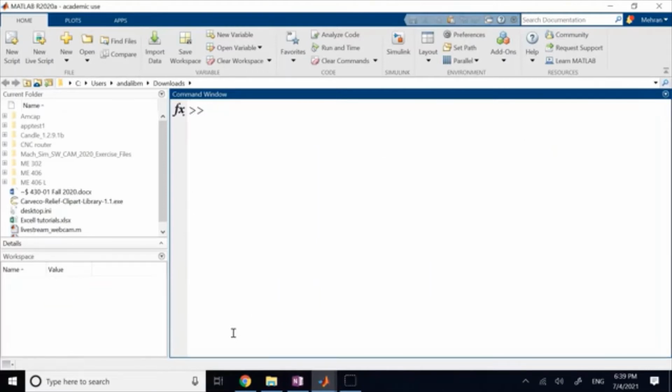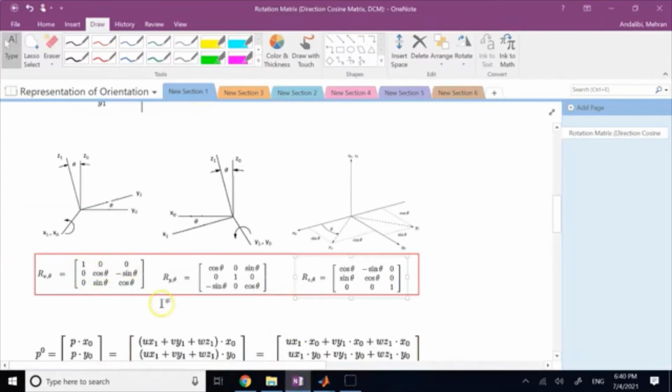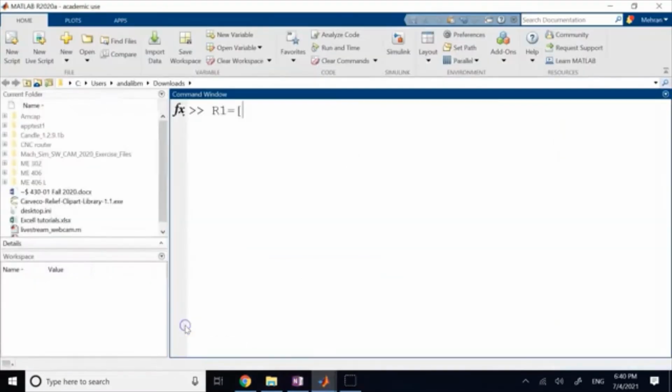I define a rotation matrix R1, and I'm going to use this form here. It is going to be 1, 0, 0, and then 0, cosine of theta, let's say theta is pi over 6, then negative sine theta, and you have to use the same angle, and then 0, sine theta, and cosine theta.